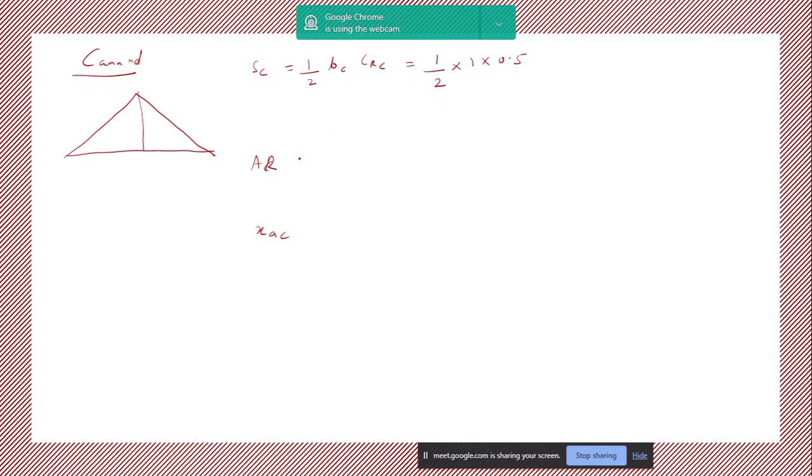Okay, aspect ratio is BC square by SC, which is, okay, let's calculate these values quickly. Okay, and here it was 1 square by 0.25, which is, okay.